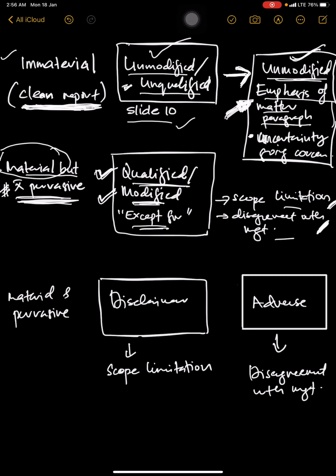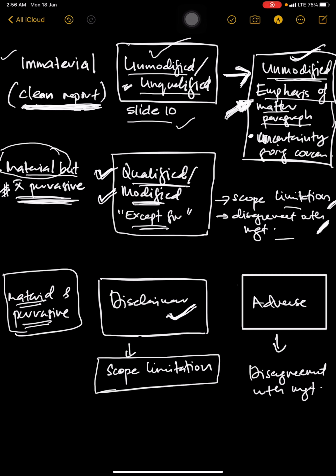Now, if the financial statement is material, so it will affect the decision of the users, and pervasive, so it is going to affect the whole financial statement, what report will you have to issue? A disclaimer. You issue a disclaimer if it is scope limitation. A disclaimer means you are unable to form an opinion.